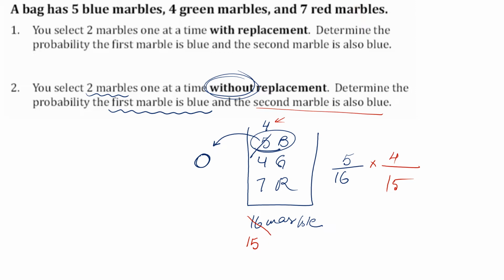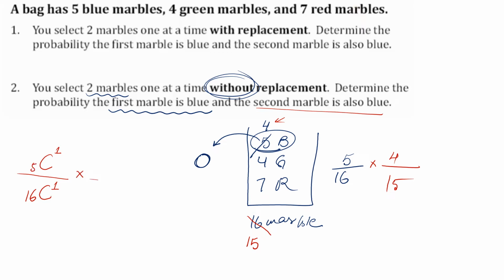Or let's see how we solve it the combination way. In the combination way, they are asking you to draw one marble without replacement. Out of the 16 marbles, you draw one marble so that it is blue: one marble out of the 5 blue marbles.